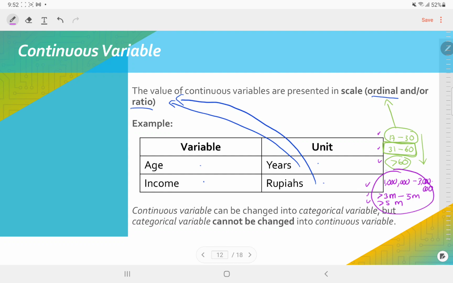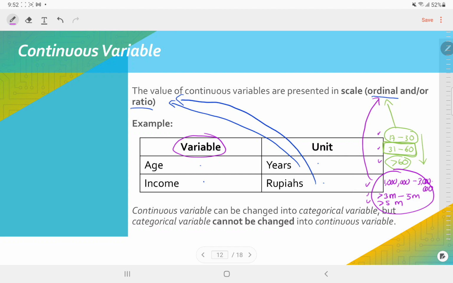And this also belongs to ordinal data. So now you have already understood the differences between the units of measurement in ratio and ordinal data with the same variables. Okay?